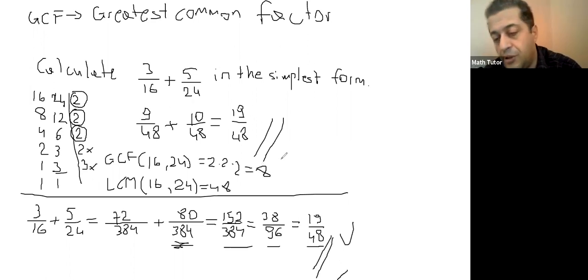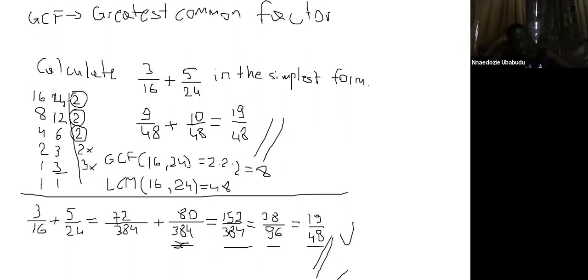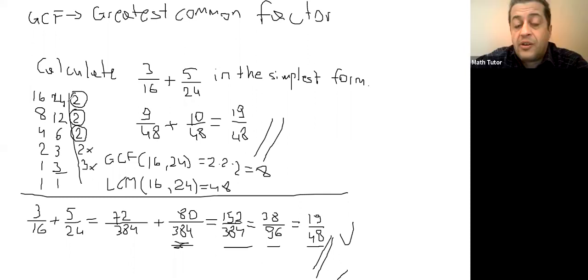We found at the beginning that 8 is the greatest common factor of 16 and 24. We found that the number 2 is a common divisor, but it is not the greatest. We found that the number 4 is again a common divisor, but it is not the greatest. And we found that the number 8 is the greatest common divisor of 16 and 24.